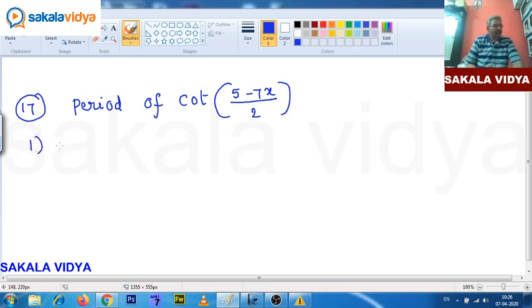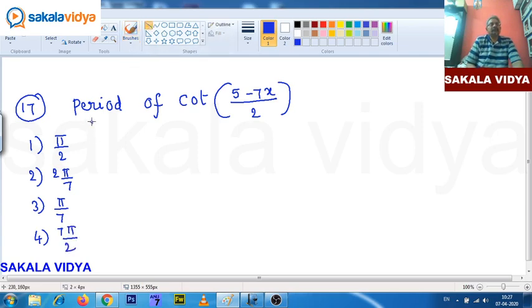First option, pi by 2. Second option is 2 pi by 7. Third option is pi by 7. Fourth option, we have 7 pi by 2. So, this is the problem.